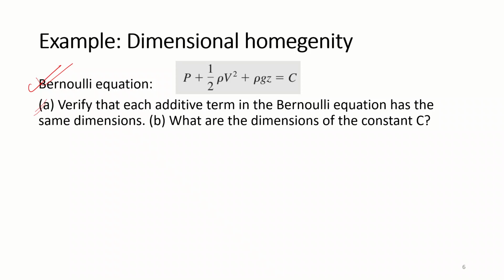Sir, here P is the pressure, rho is the density, and V is the volume. Is it? V can be velocity. Yeah, velocity.